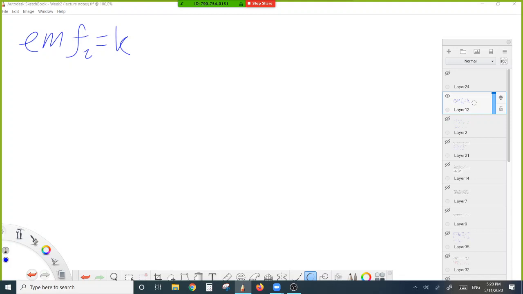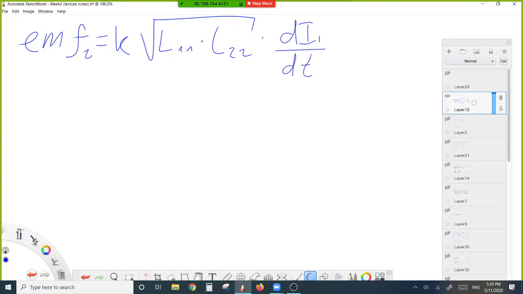Don't forget. K multiplied by the square root of L11 multiplied by L22, multiplied by di1 over dt.